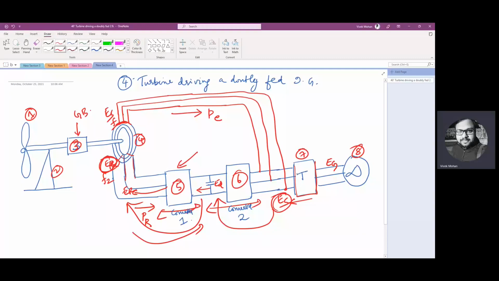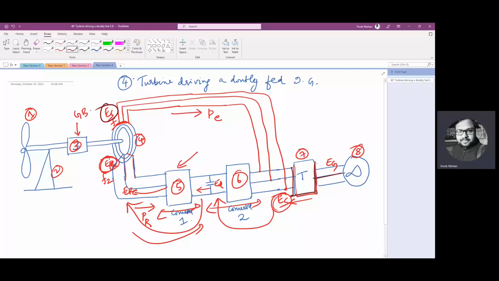Consequently, the stator voltage ES and its frequency are the same as those of the line voltage, because from the line voltage we only have a transformer here, right? So it is almost the same, it corresponds to the grid voltage.